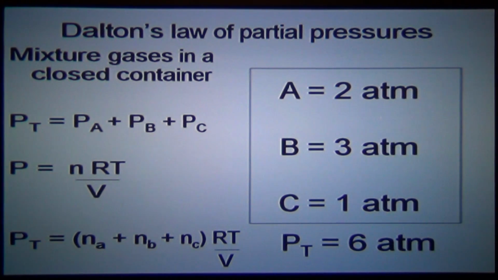The moles of gas A, B, and C times RT over V, and you'll be able to calculate the total pressure. So that bottom left equation can be very beneficial if all you're trying to do is get the total pressure.